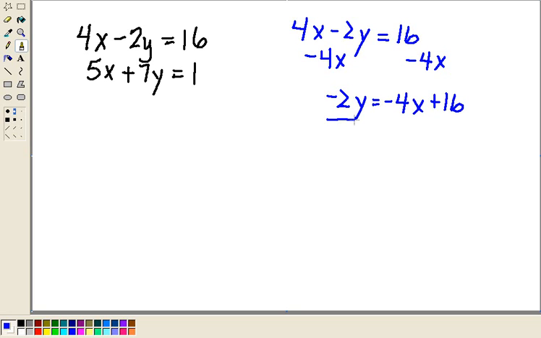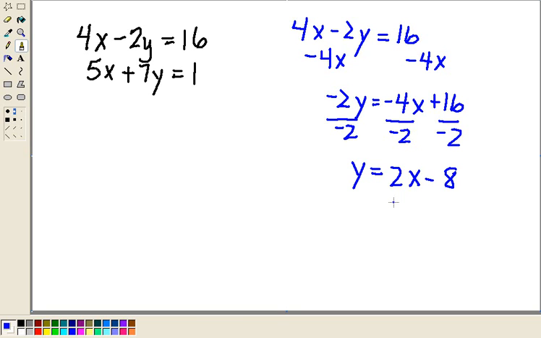And now I need to get rid of the negative 2, so I'm going to divide every term by negative 2. Now this one works out okay because every term was an even number, so I know when I divide by the negative 2, I'm not going to be left with any fractions. Negative 4 over negative 2 yields a positive 2, and I have my x. And 16 over negative 2 gives me negative 8.